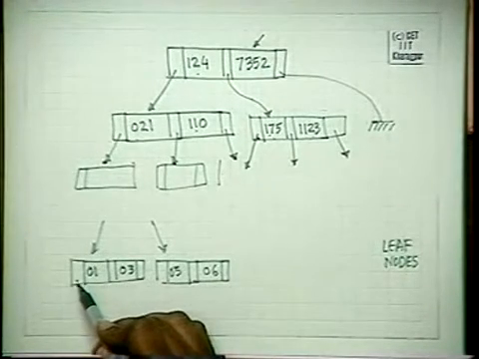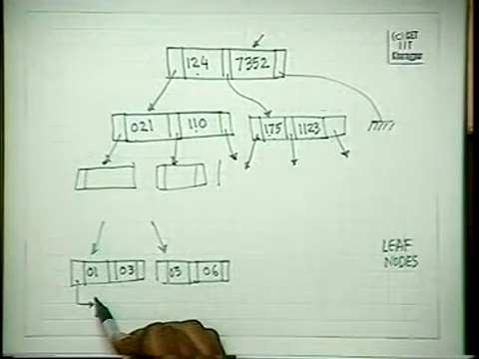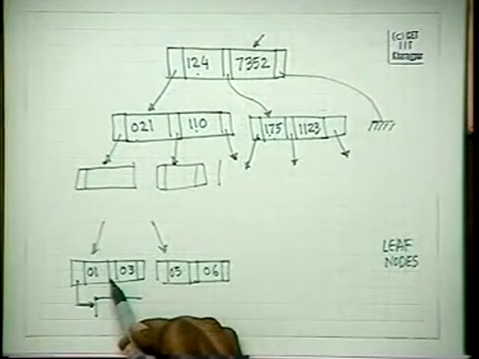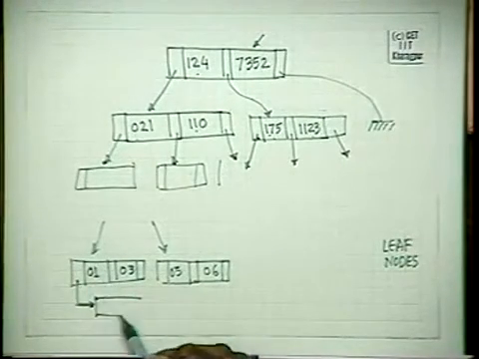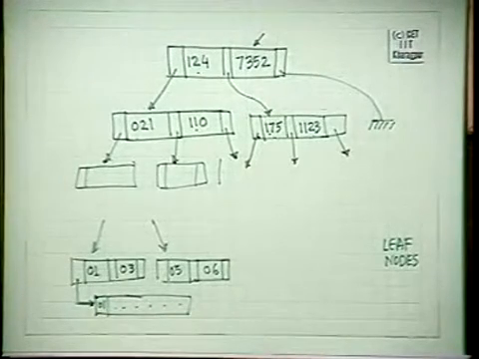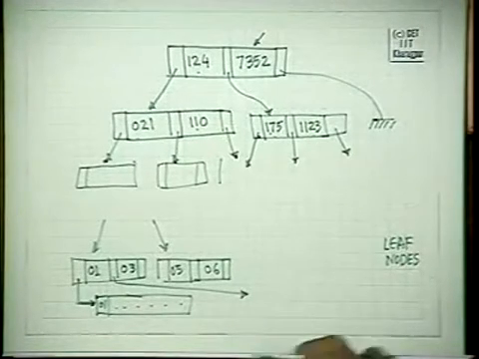So in the last level, we will make this one point to the actual record. This will point to the actual record, this 0, 1, and then what are the other attributes. This will point to the record 0, 3. It may be in the same block.